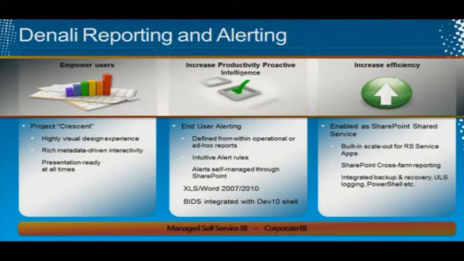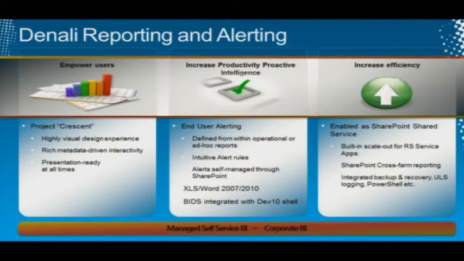The middle pillar is increasing productivity, and the big thing we're doing there is adding the alerting capability. If you're familiar with Notification Services, this is not the same capability. This is an alerting capability targeted at end users for defining simple business rules, like send me an email when sales go below 100,000, or send me an email when this KPI reaches 50%.